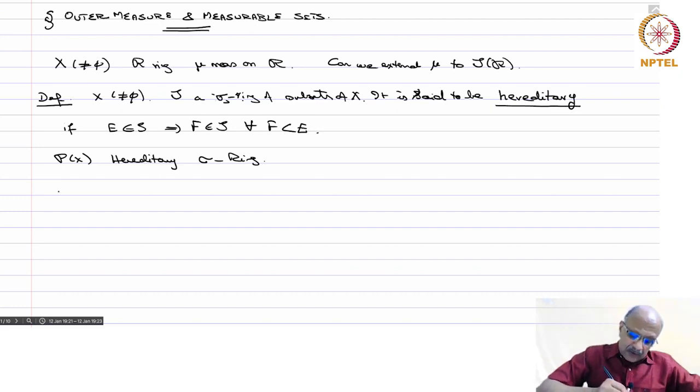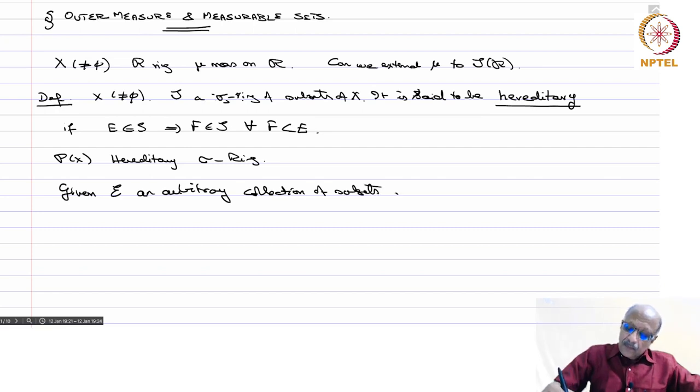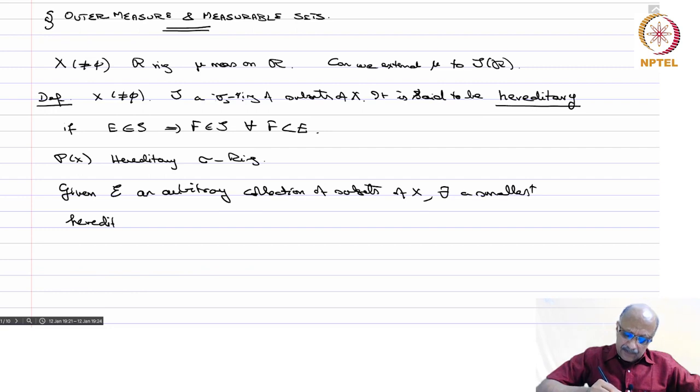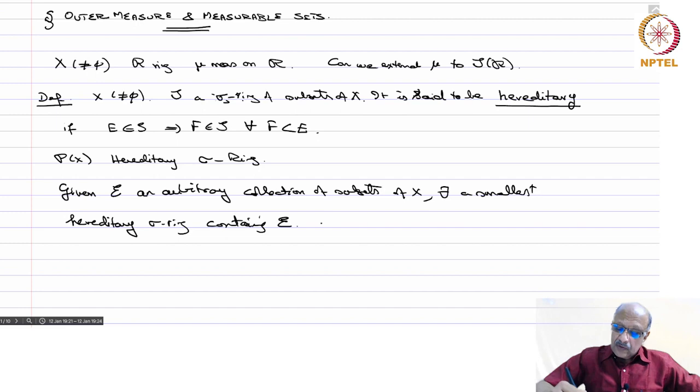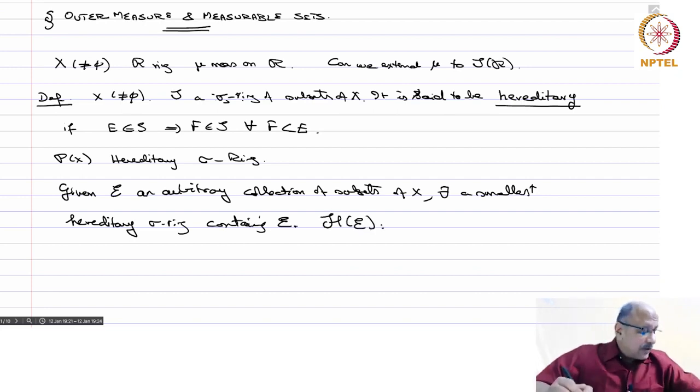So given E, an arbitrary collection of subsets of X, there exists a smallest hereditary sigma ring containing E. This is called the hereditary sigma ring generated by E, in the usual way, and we will call it H of E. Okay, so that is the notation.